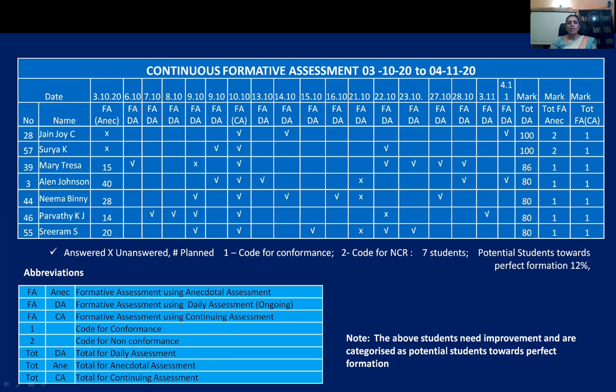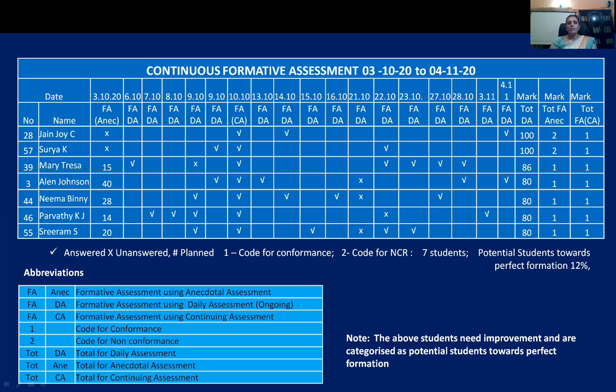The number 1 stands for the code for conformance to submission and response. The number 2 represents the code for non-conformance to submission and response. DA stands for total for daily assessment. ANE stands for total for anecdotal assessment. CA stands for total for continuing assessment.